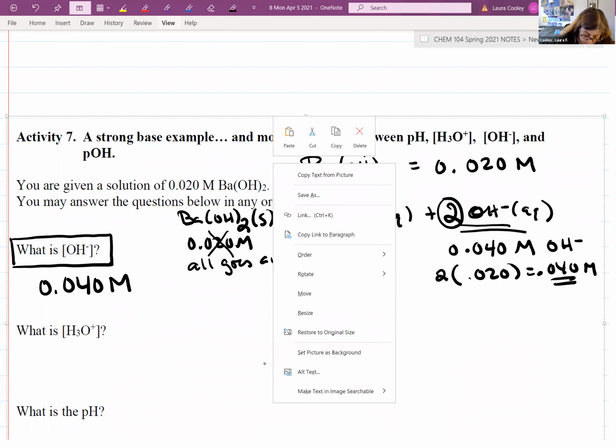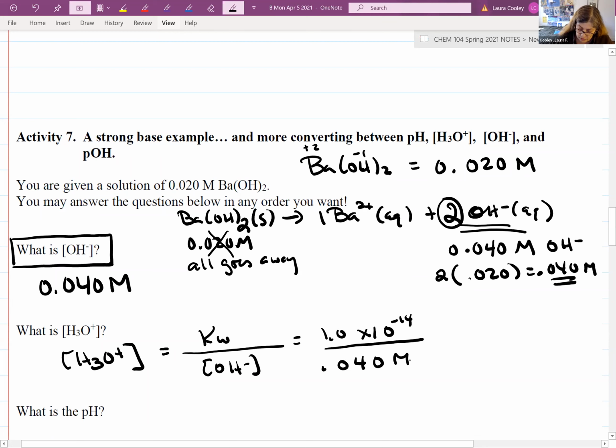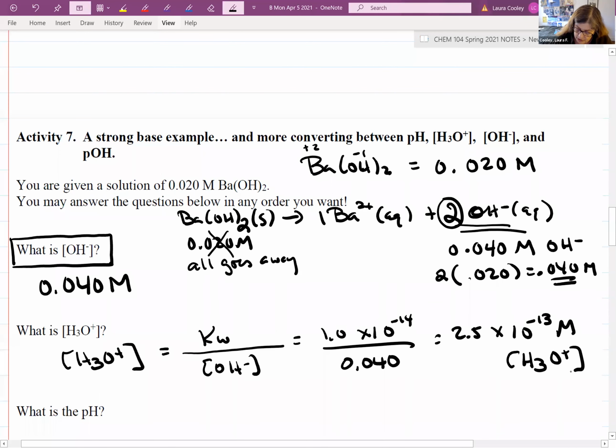So what is the H3O plus concentration? If you go directly from OH minus to H3O plus, you could do it through the KW. 1 times 10 to the -14th over 0.040 molar is 2.5 times 10 to the -13th molar H3O plus.